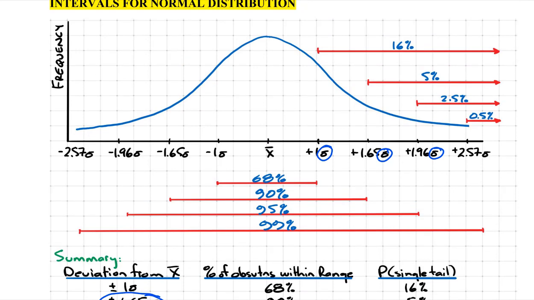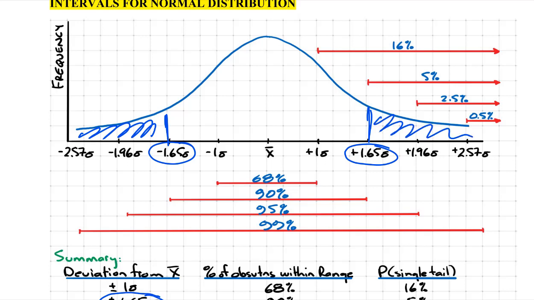If you are 1.65 standard deviations away from the mean, now notice, ladies and gentlemen, it doesn't matter if I'm looking at negative 1.65 or positive 1.65 because the distribution is symmetric. So the area under this tail is the exact same as the area under that tail. And what is the area of that tail? 5%. And that's how it works.